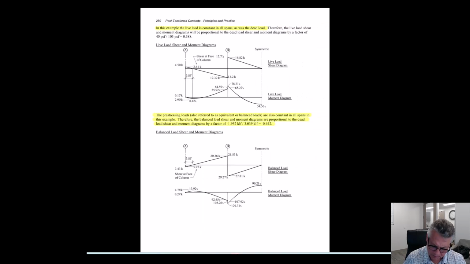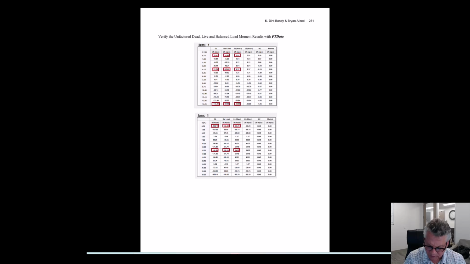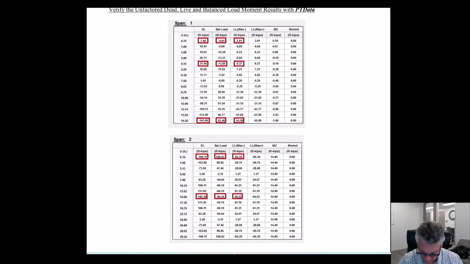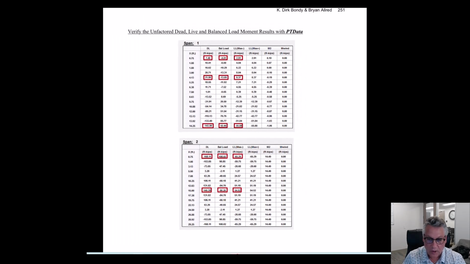And since the dead load was okay, it's pretty much an assumption that the live load and the balance loads are going to be the same, because I just proportioned the dead load. So, okay, so now we have the dead load moment, the live load moment, the equivalent load moment or balance load moment. We don't skip live loads, by the way, in two-way slabs. So it's not like we're taking a shortcut or doing something the code doesn't allow.